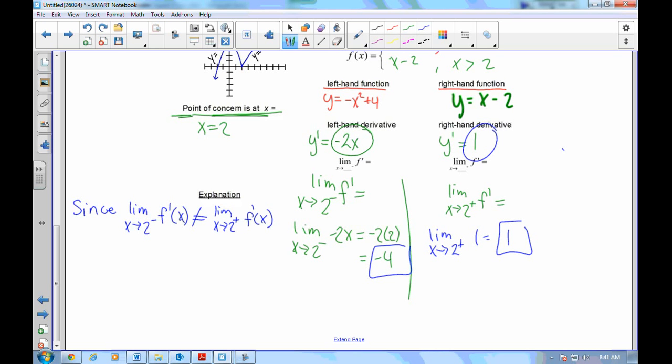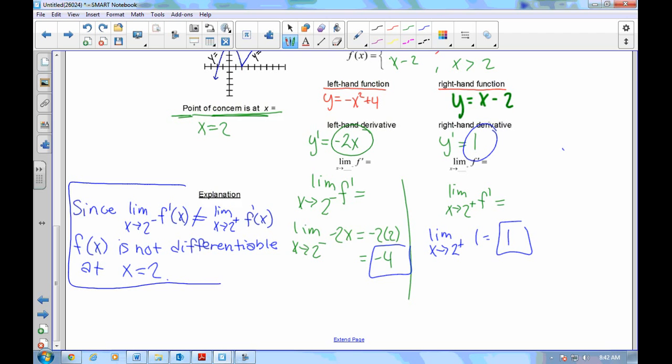What's the point of doing this? Which function? F of x, the original function, is not differentiable at x equaling 2.